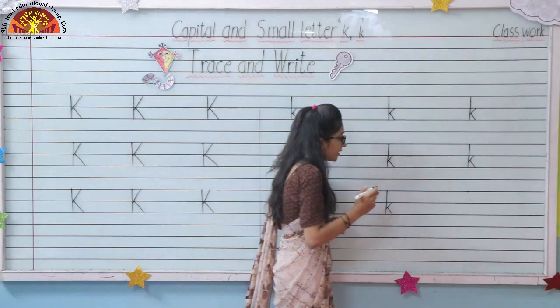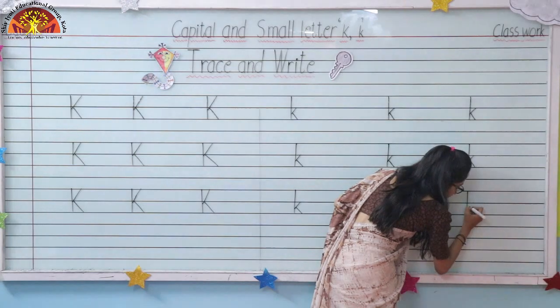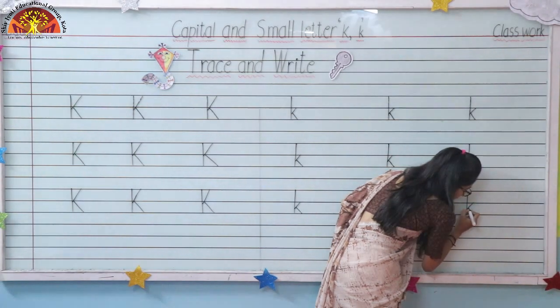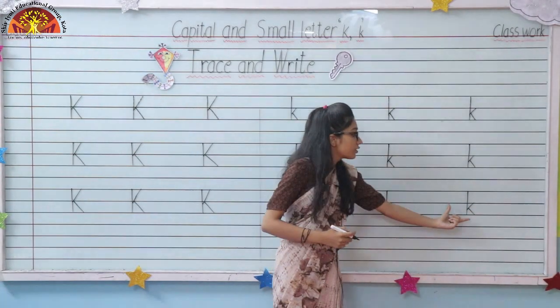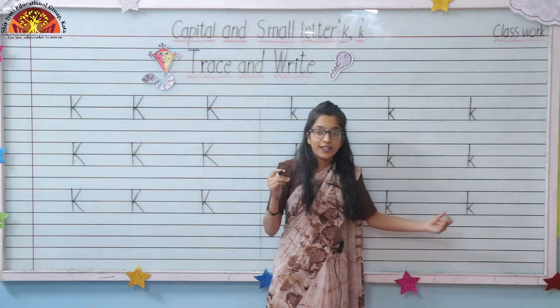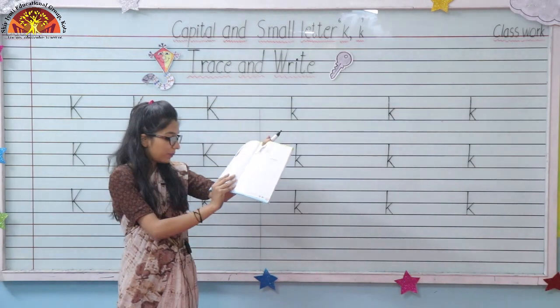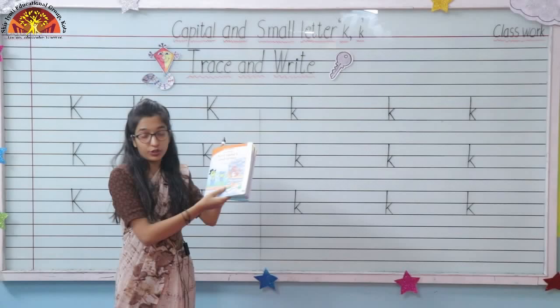One last time kids. Standing line. Slanting line. Again slanting line and touch it. So this is small letter K. Kids, like this you have to also complete pages 34 and 35 of your Grafalco.